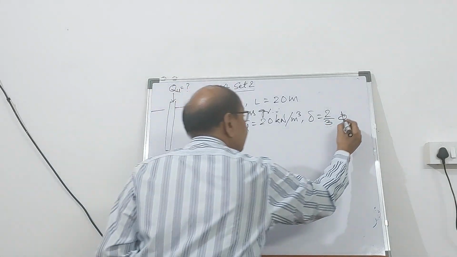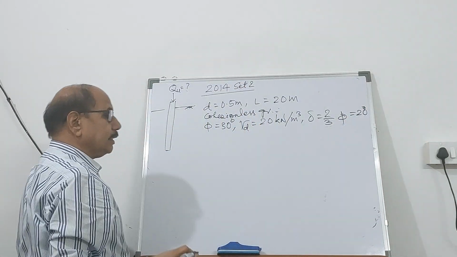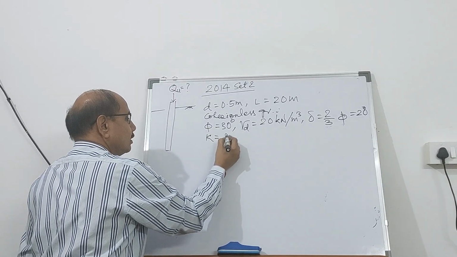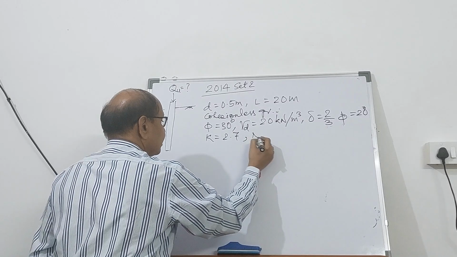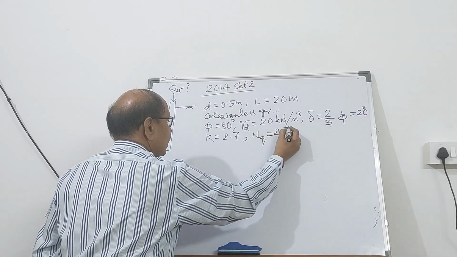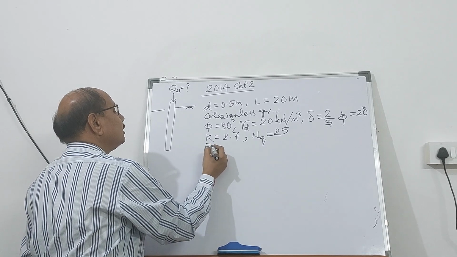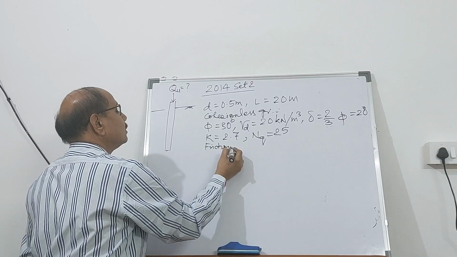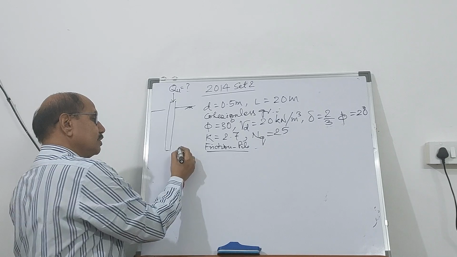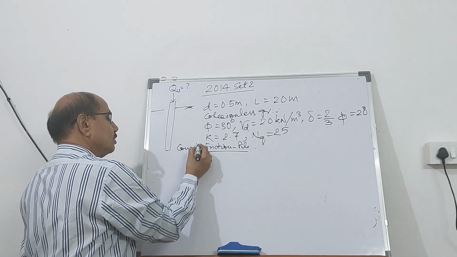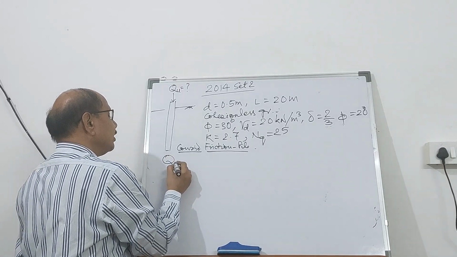So it becomes 20 degree, and K value is given as 2.7, and Nq, the bearing capacity factor, is given to us as 25. And the pile is a friction pile. Considering the pile as a friction pile, you will have to calculate the ultimate load carrying capacity.